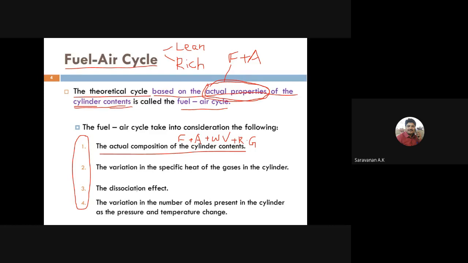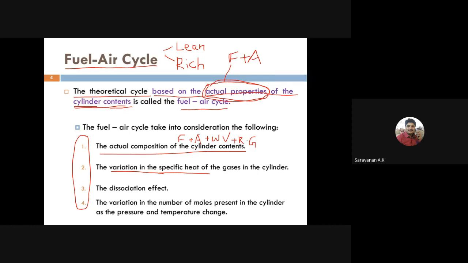The second one: in air standard cycles, we consider the specific heat to be constant, but in the fuel air cycle there is a variation in the specific heat.